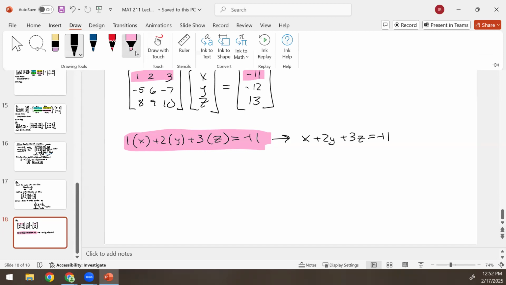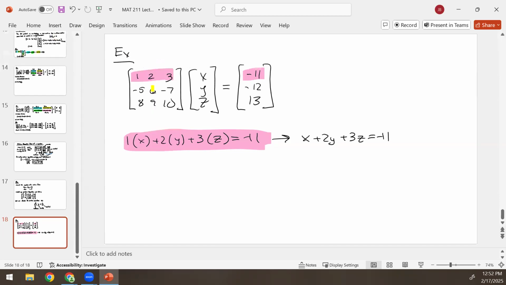And then I go to the next one. Because the variables are going to be the same for all of them, right? So -5 times x plus 6 times y plus -7 times z equals -12. And so I get -5x plus 6y minus 7z equals -12.